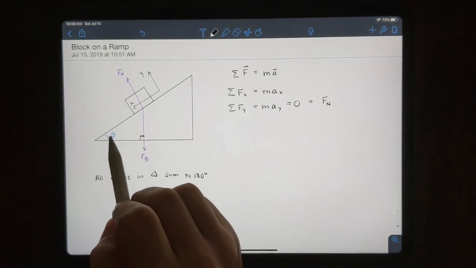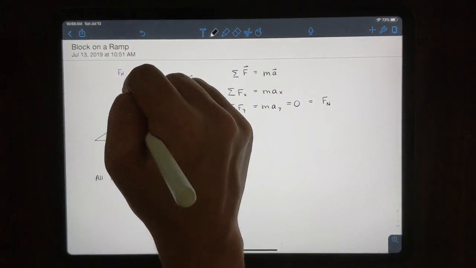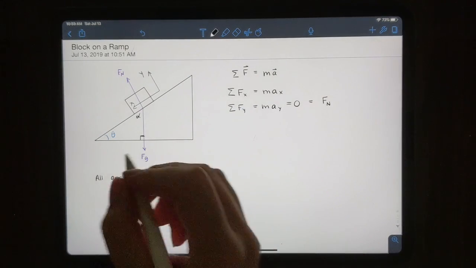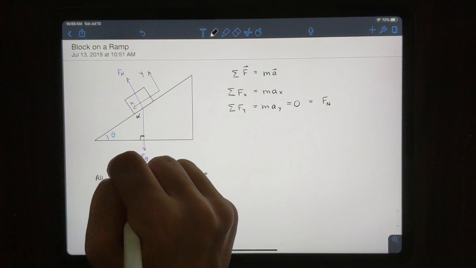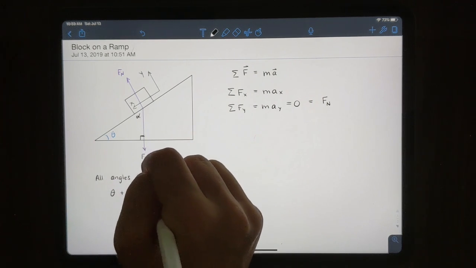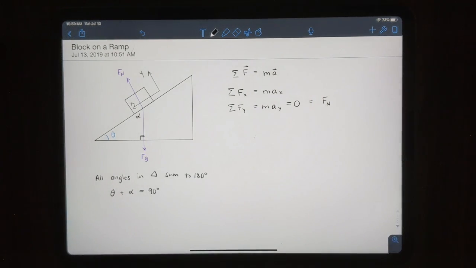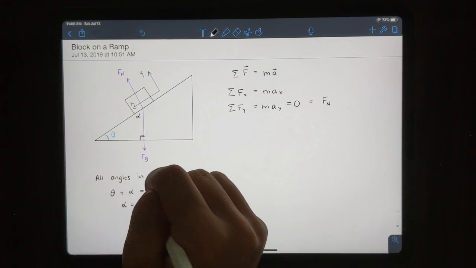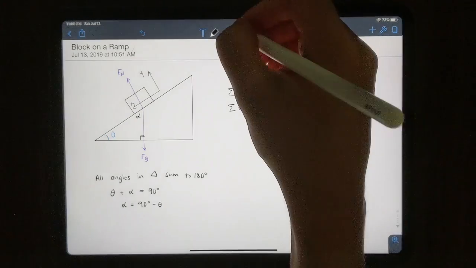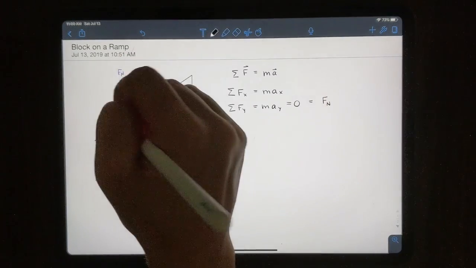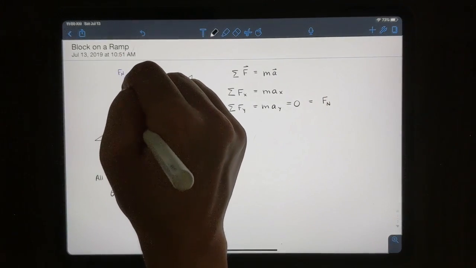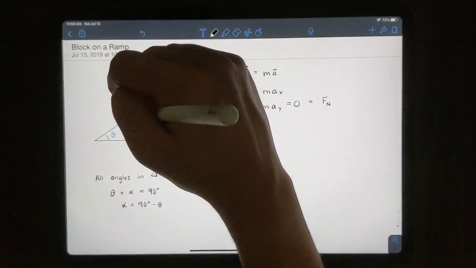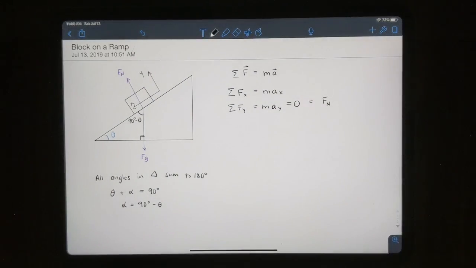So this angle theta and this other angle, maybe call it alpha, theta plus alpha should add up to 90 degrees. That means that the top angle alpha is 90 degrees minus theta. So we can write it like this: 90 degrees minus theta, and that's this angle here.